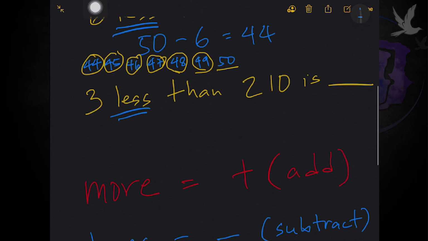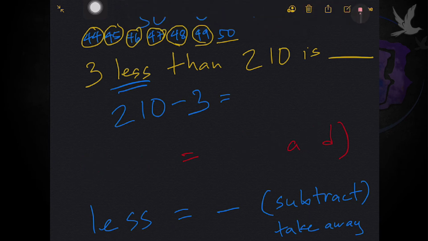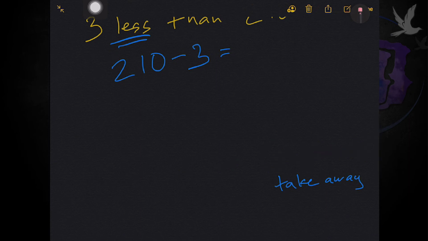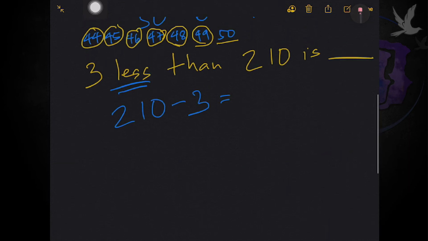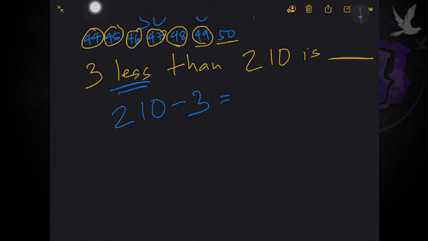Okay. Let's try to do the last number. 3 less than 210. So that's 210. Less than. Less, so that's minus 3. Counting backwards, doing the process. Let's just remove this. Okay, so we have 210.